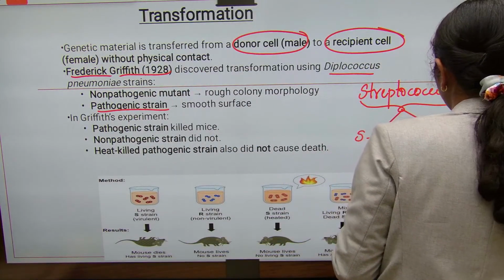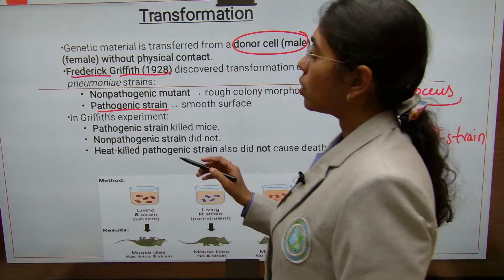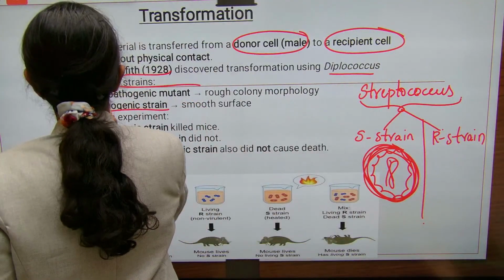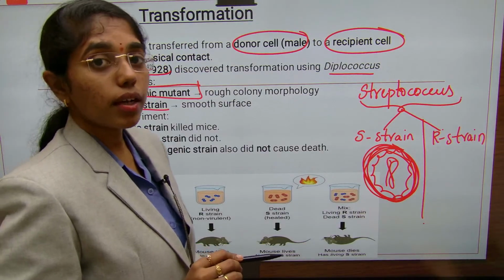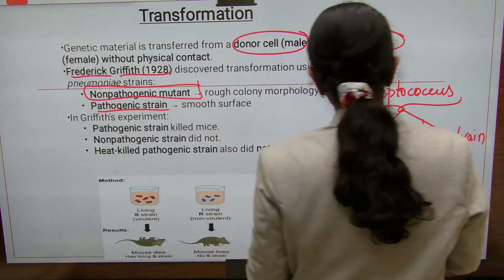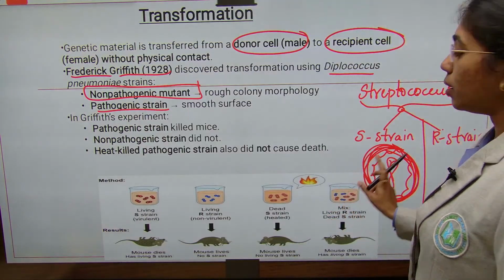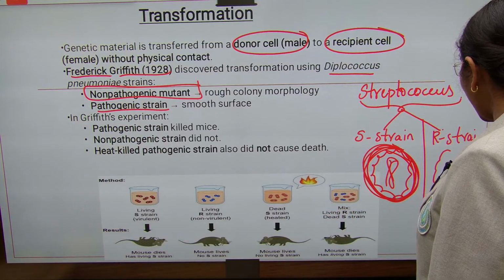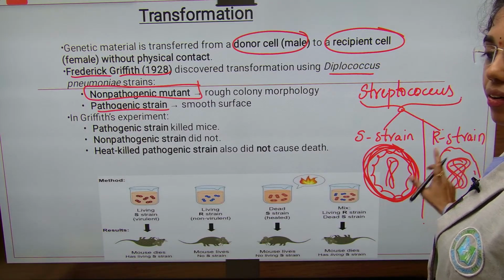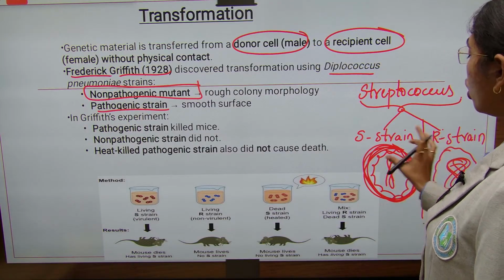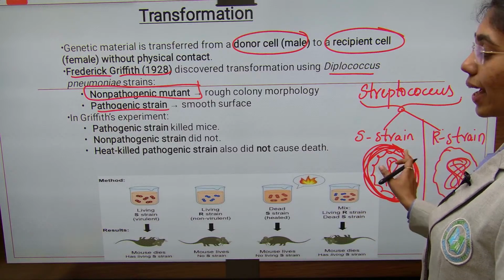The second type of strain is the R strain, which is the non-pathogenic strain. You can also address it as a non-pathogenic mutant. Here, there is no such tough cell wall around the bacteria. It just has a rough cell wall, not a smooth shiny layer like the S strain.